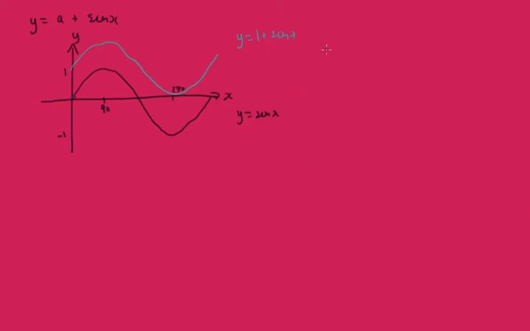So we have a translation (0, 1). So with the trigonometric transformations, the same rules for vectors as our other transformations apply. So this is a translation of (0, 1), so it affects the y coordinate.